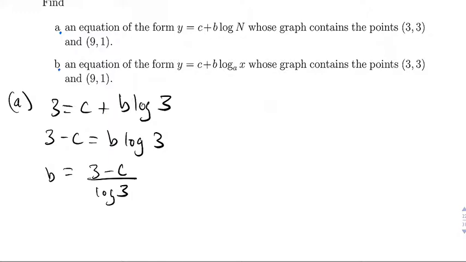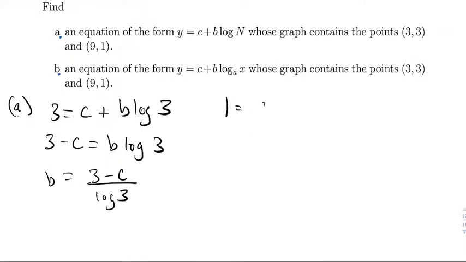So in my second equation, I'm going to have 1 equals c plus, but my b is 3 minus c divided by the log of 3. That's my b times the log of 9 in this case.